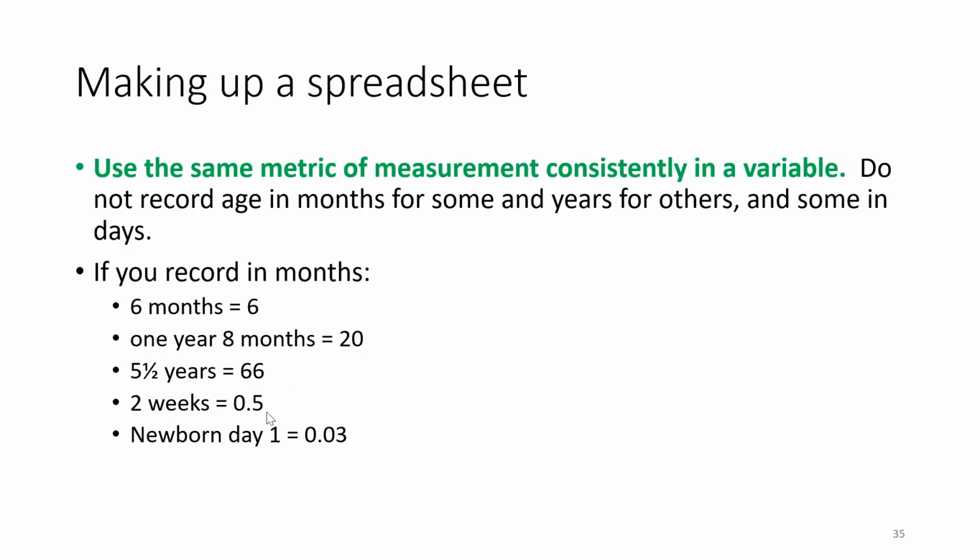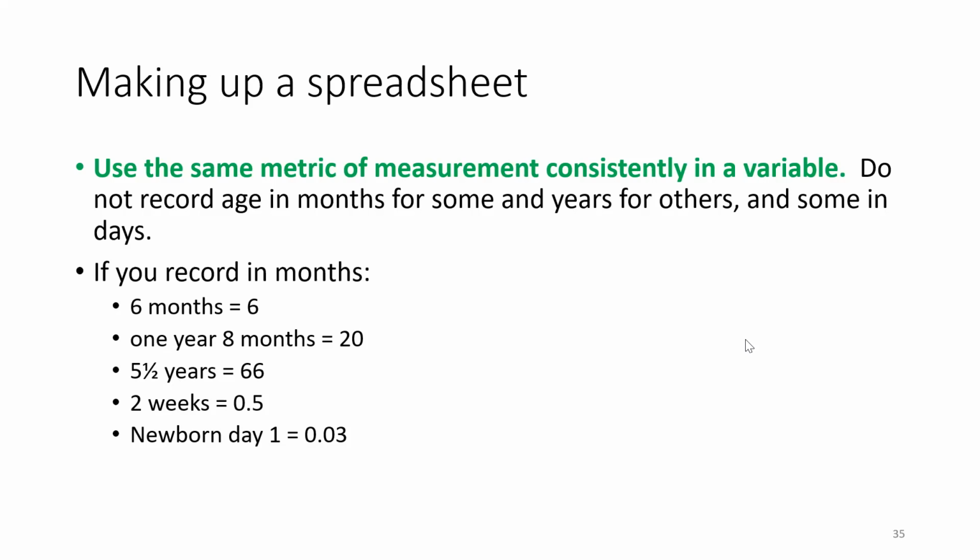If it's 2 weeks, then you put 0.5. If it's a newborn baby, that's just 1 divided by 30, which is 0.03. All right. So if you had a column that was age in months and you had all those numbers, then you could calculate easily the median age.